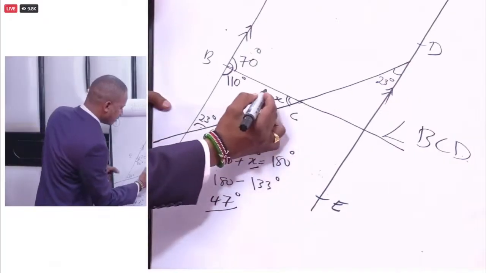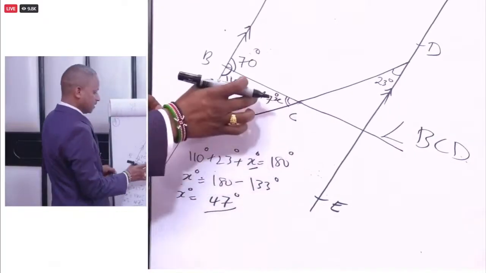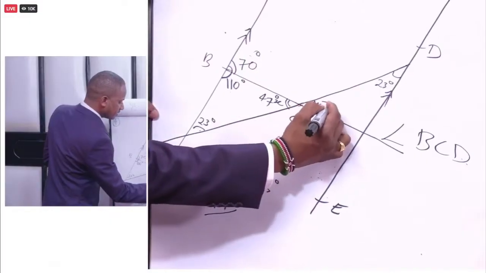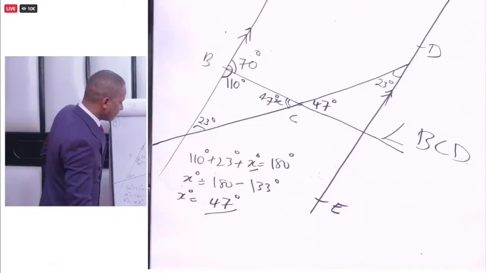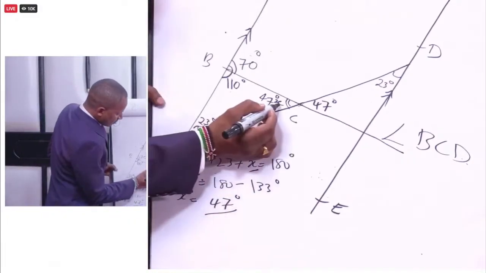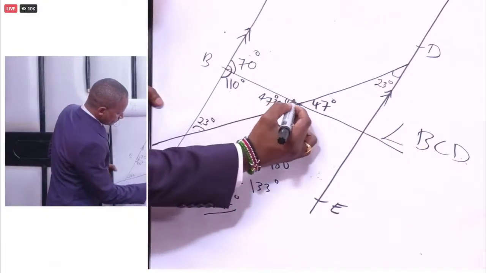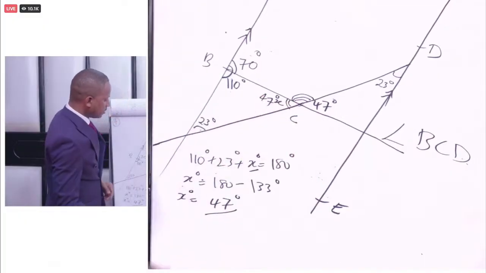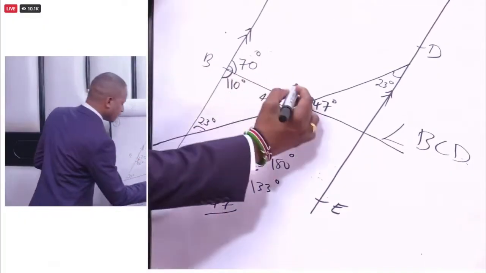So this angle is 47 degrees. If this angle is 47 degrees, this angle will also be 47 degrees. You say it is vertically opposite angles. Now, if this angle is 47, what is this angle that we want? Angles in a straight line add up to 180 degrees.